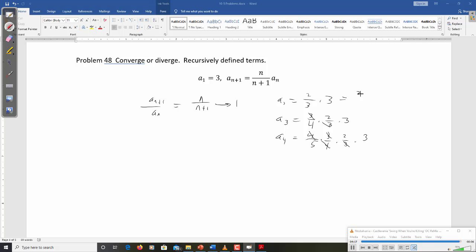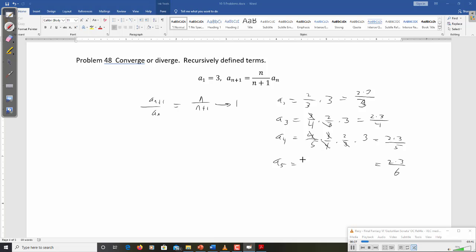this is 2 times 3 over 3. This is 2 times 3 over 4. This is 2 times 3 over 5. A sub 5, we'll just guess it's going to be 2 times 3 over 6.